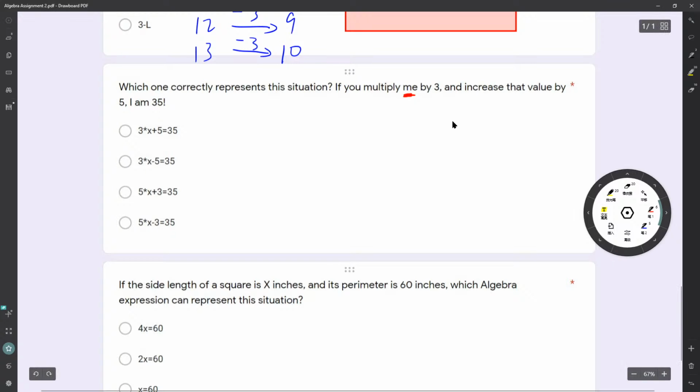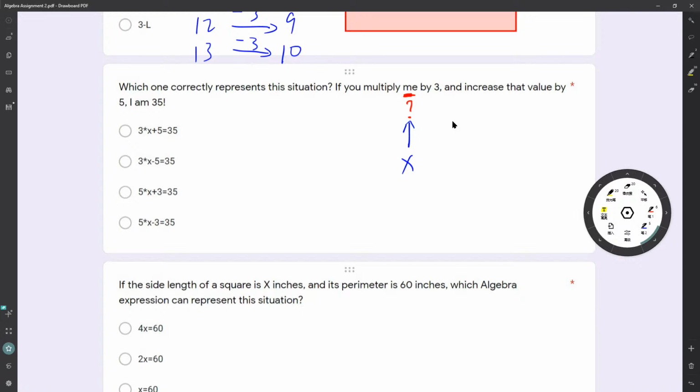And what is me? Again, we don't know this. But in algebra, when we have something not known yet, we use a letter, a symbol for that. Let's just use a letter for this, x.